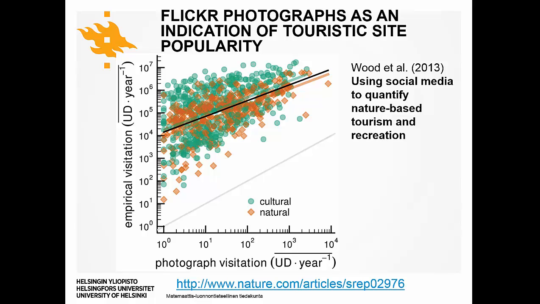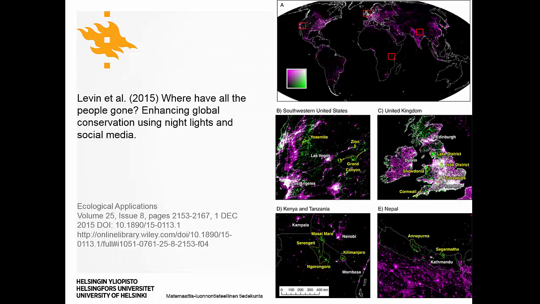And this is something that we've tested later in national parks more in depth. Then Levin and others, for example, did a really nice global analysis. In 2015 it was published with the title Where Have All the People Gone, where they combined nightlights data, which is often used as a surrogate of population density.